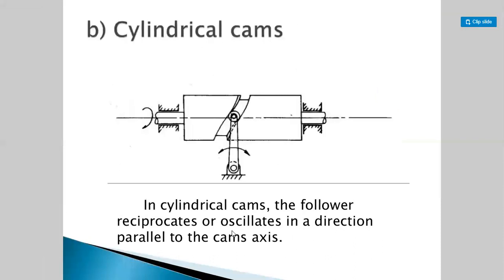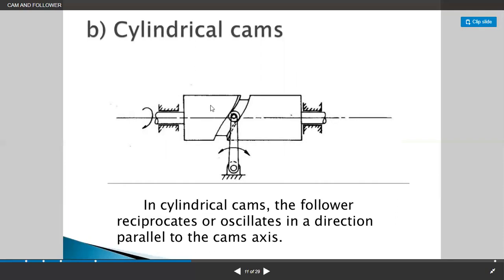Cylindrical cams. In cylindrical cams, the follower reciprocates or oscillates in the direction parallel to the cam axis. Suppose this is the cylindrical cam. This means the whole cylinder is taken as the cam, and the follower is fixed between the cylindrical surfaces.